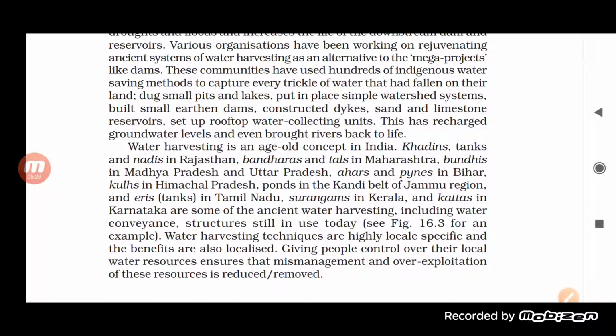So what is water harvesting? It is an old age concept in India.